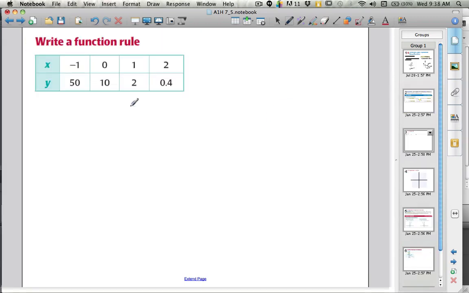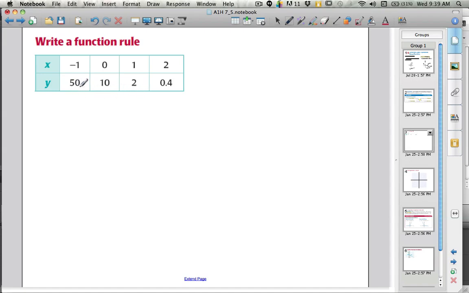If I want to go ahead and write a function rule out of a table, what I want to look at is what's happening with my output. So I know when x was -1, y was 50, and here it goes down by a factor of 5 and another factor of 5.